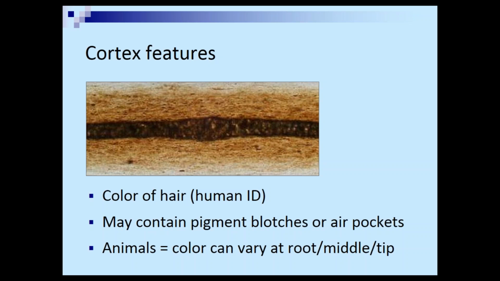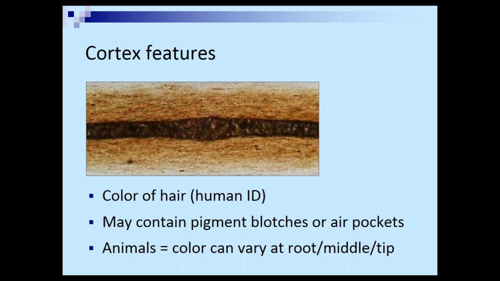The one thing that you can use, not necessarily for species ID, but to tell whether it's human or non-human, is that in some animals, like I think raccoons are one example, the color of the hair naturally varies at the root, middle, and tip. So you may have at the root a white hair, and then in the middle it gets a little bit darker, then at the end it gets very dark black.